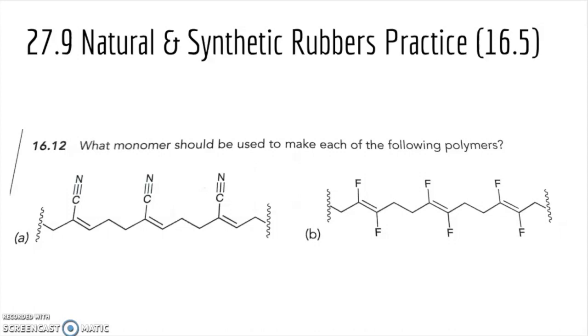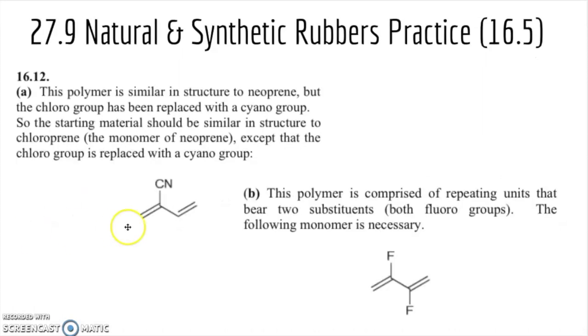Here's what they will look like, and you can deduce these structures because you know that you need two double bonds in conjugation with each other to create a polymer with the repeating pattern, and because you need some way for the monomers to connect to each other.